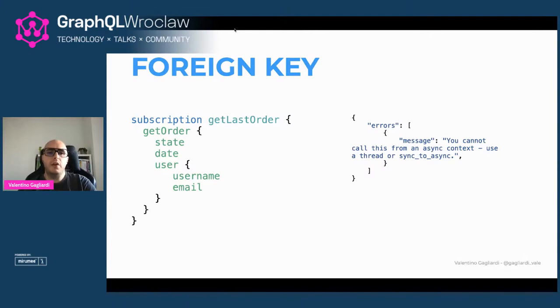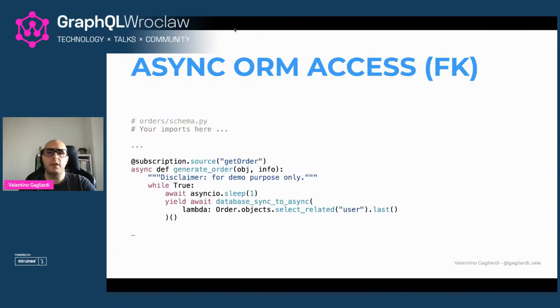So that will be evaluated in a synchronous context, not in an asynchronous context. To make this work, we can use select_related, which forces the evaluation of the foreign key relationship inside the asynchronous context.